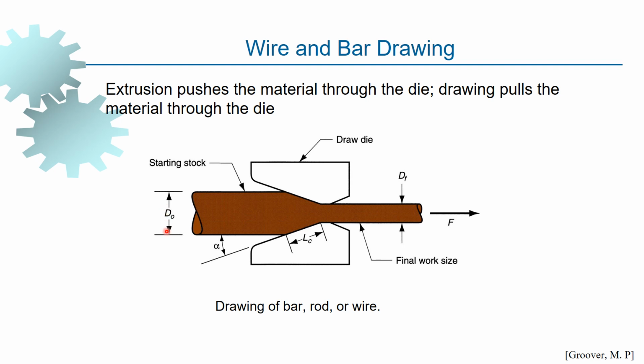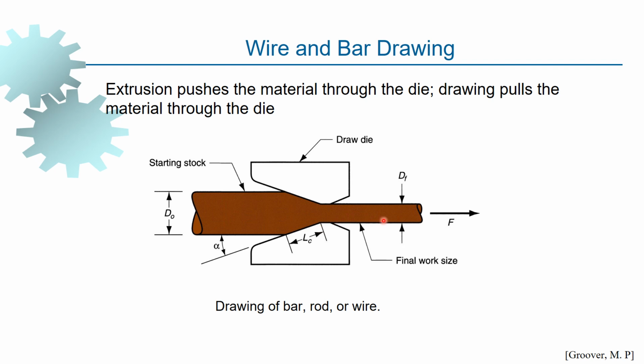D0 is the initial diameter. When it gets squeezed through the die opening, its diameter will decrease and it will be deformed to a final diameter df. The contact length during the process is taken as LC.